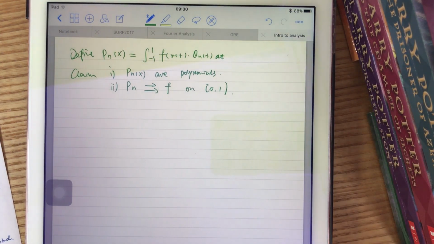Because that's what the theorem says: we find the polynomials and prove that they converge uniformly to f.